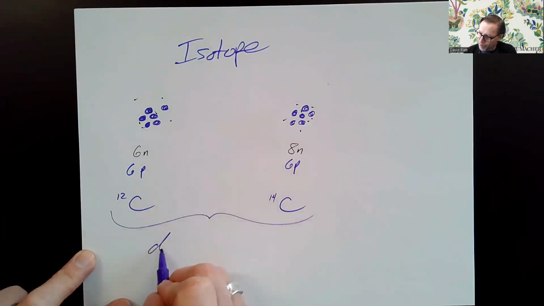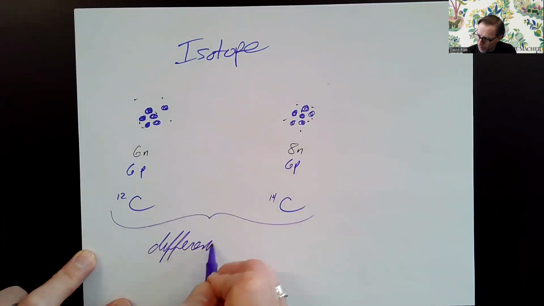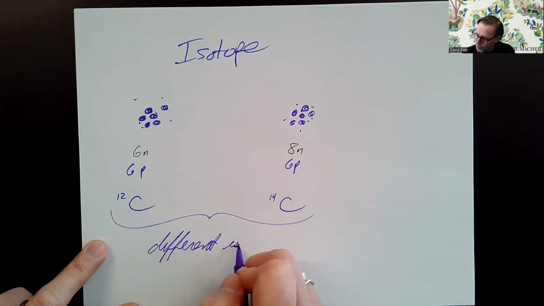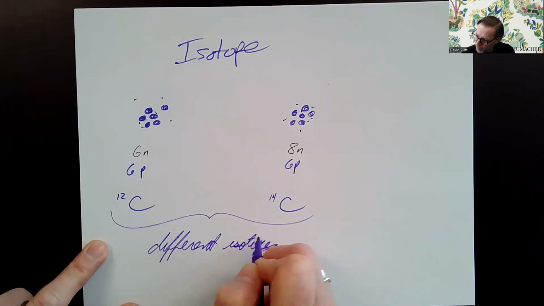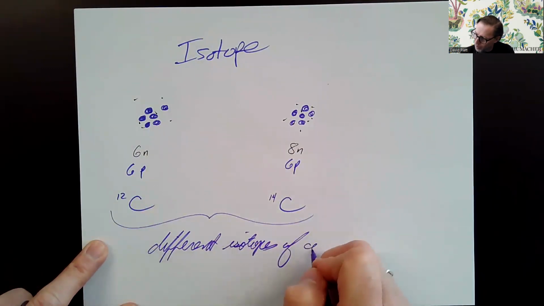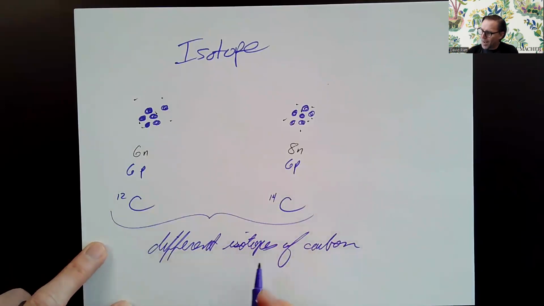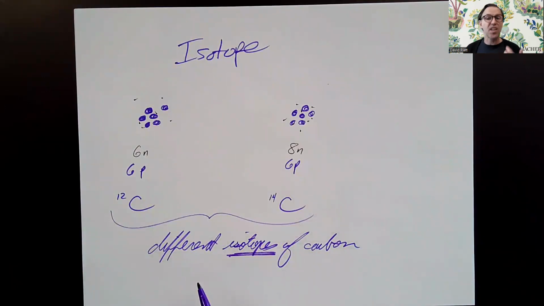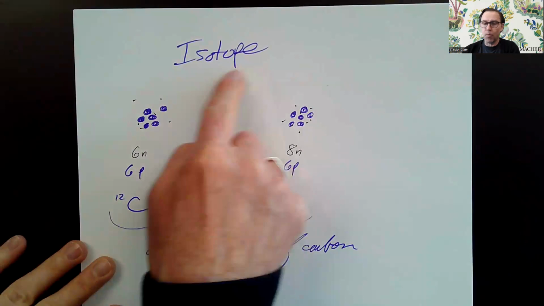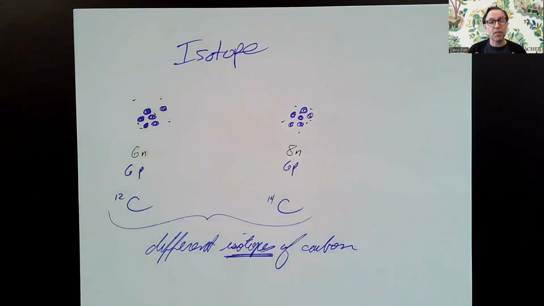We have different isotopes of carbon. The word isotopes is used in this sentence. We have different kinds of carbon. So isotope is a word that can be used in place of the word kind. We have different types of carbon.